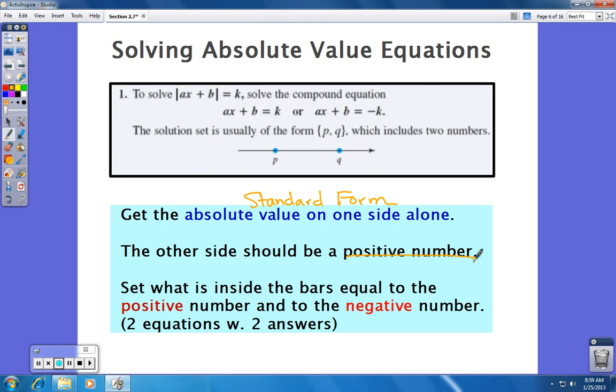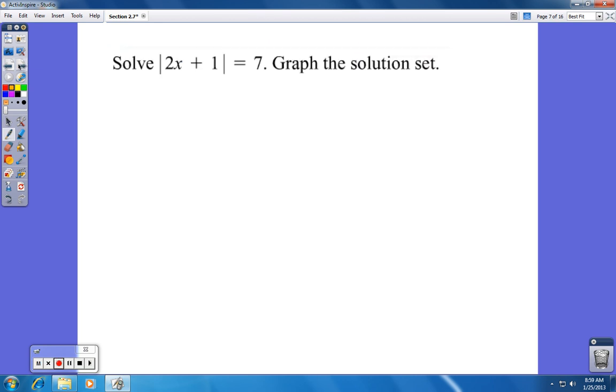If the number is not positive, that's going to be a special case, and I'll talk about that in a moment. After determining that positive number, then we're going to set 2 equations. One equation with the positive number and the other equation with the negative number. And these are the 2 numbers that are going to give us that particular distance it's equal to.